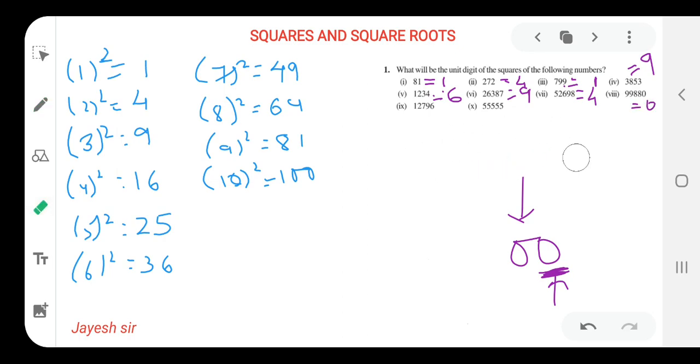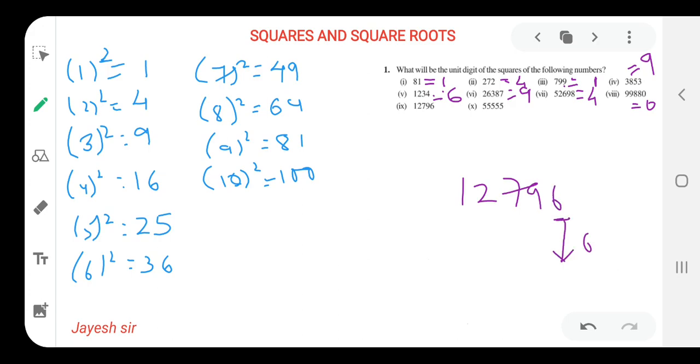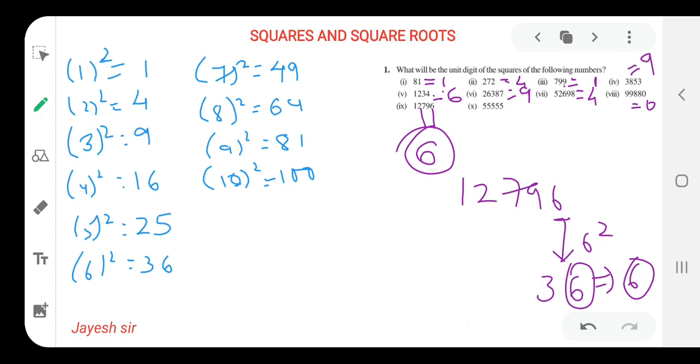So let us begin with the ninth sum for the day. The ninth sum is 12796, and 6 is at the unit place, that means 6 square. 6 square is 36. Again 6 is in the answer, so at the unit place there would be digit 6 only.